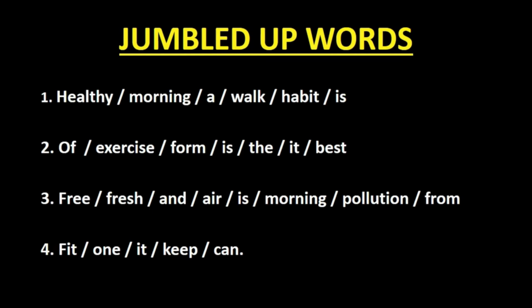So we can write in this way: morning air is fresh. Well, and is also there, and should be there. Otherwise, we cannot add the phrase which we have kept in our mind. So the arrangement is: morning air is fresh and free from pollution. This is giving a complete sense. So therefore we can call it a sentence.